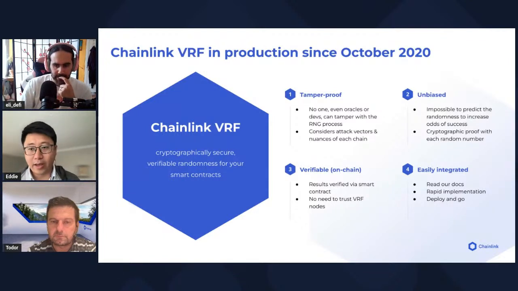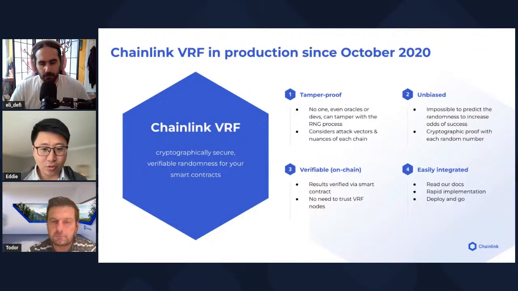And lastly, it's verifiable. Everything should be verifiable on contracts or on the Explorer. Everything's on chain, proof is there, and you don't need to trust us. There's no trust involved. It's a trustless and cryptographic way of getting randomness using VRF service and VRF node.